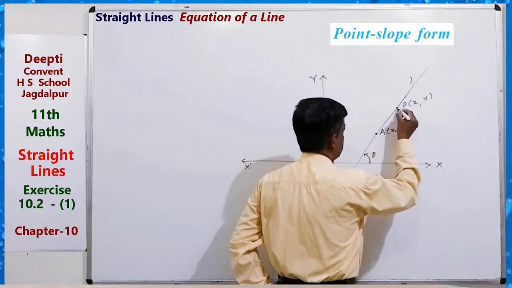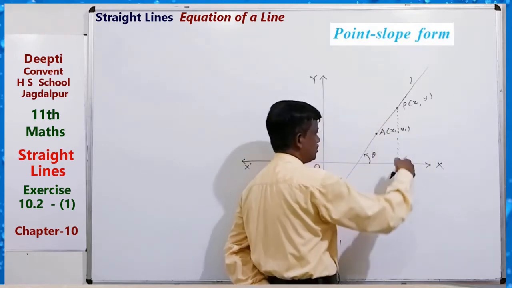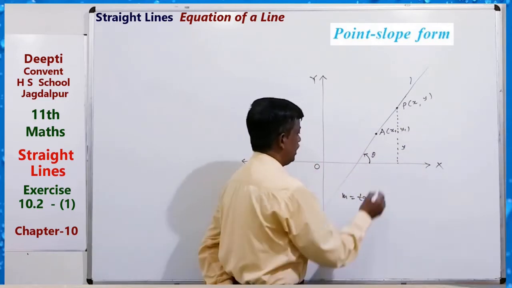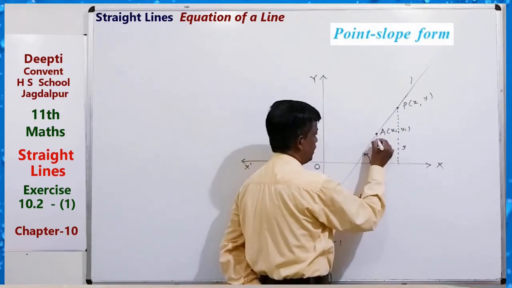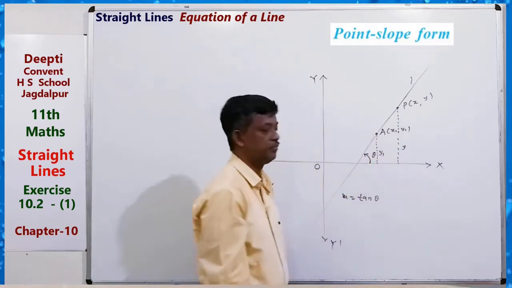So here, if we draw a perpendicular line like this, what is this value? This is y. And if we draw a perpendicular here, this is y1. Now we write A here, (x1, y1).